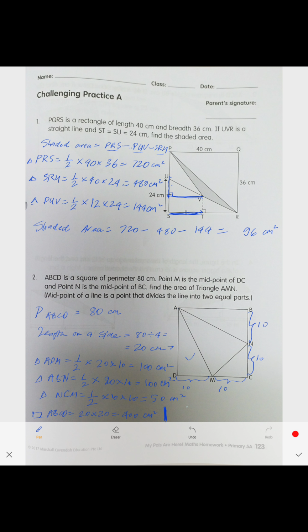The area of triangle AMN, finally our triangle AMN, this one, is the area of the square minus all areas of these three triangles, right? And this is gonna be 150 square centimeters. That's your answer, 150 square centimeters.